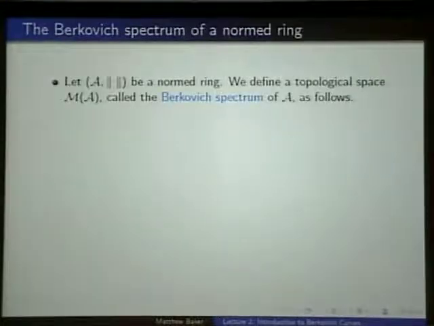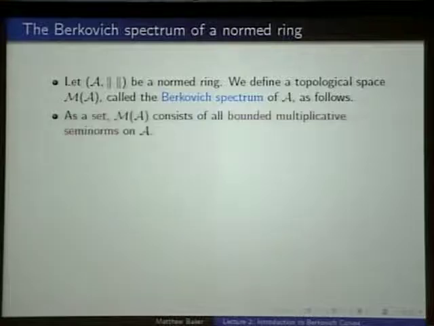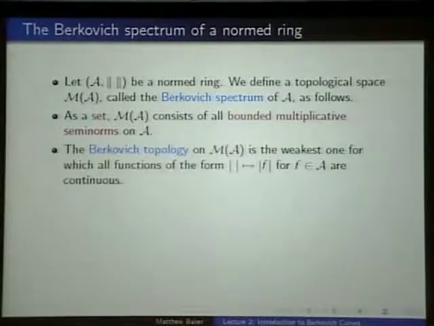And so the Berkovich spectrum of a normed ring as a topological space is as follows. As a set, it consists of all bounded multiplicative semi-norms. And the Berkovich topology is the weakest one for which these functions are continuous. So this is very similar to the definition I gave last time, except there I was requiring that the absolute value on this polynomial ring extend the given one on k, and here there is no k, so we're replacing this by a boundedness condition.